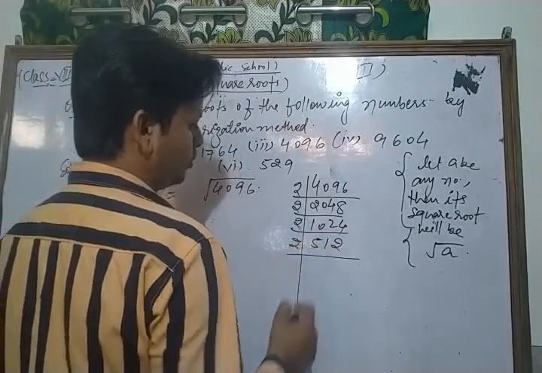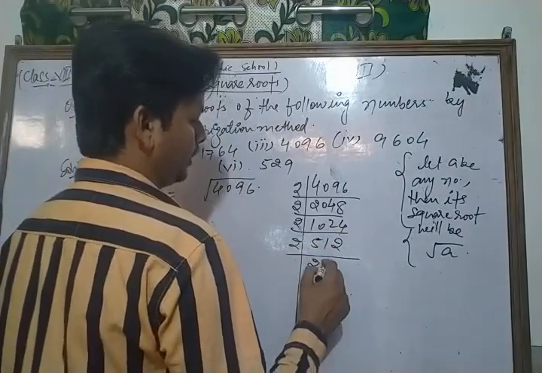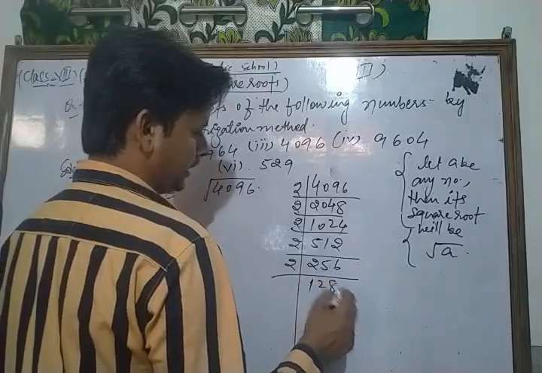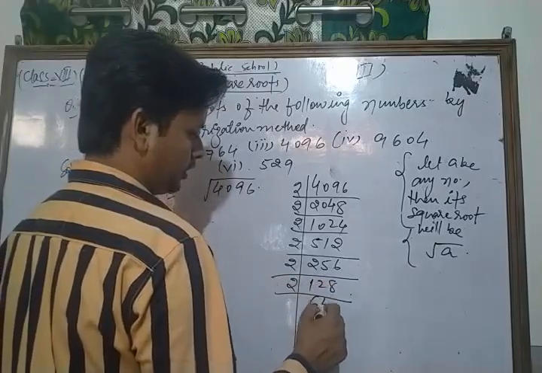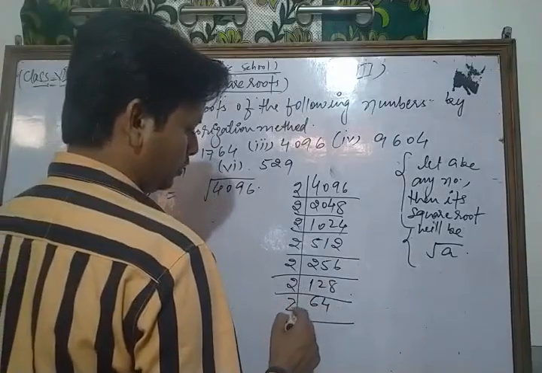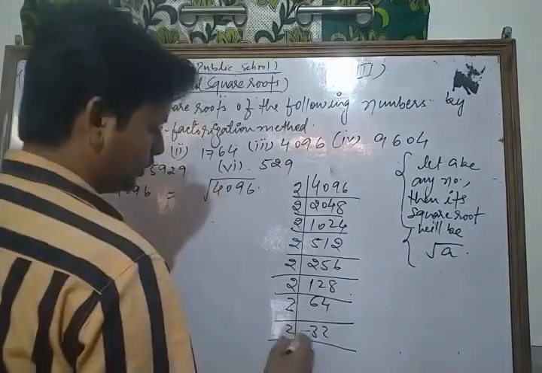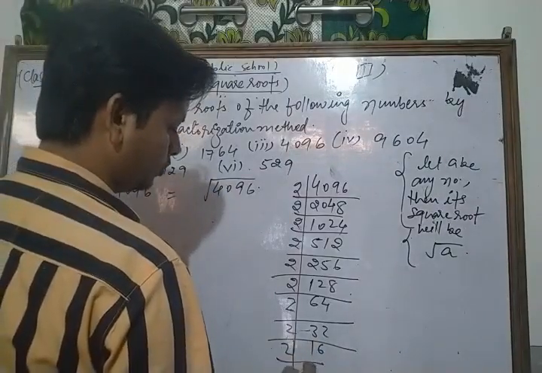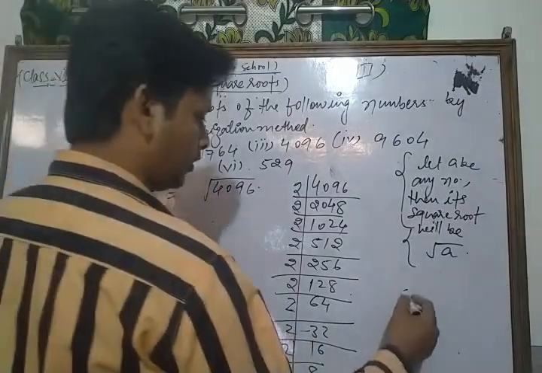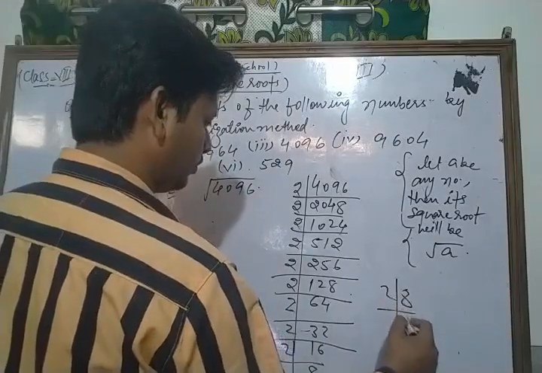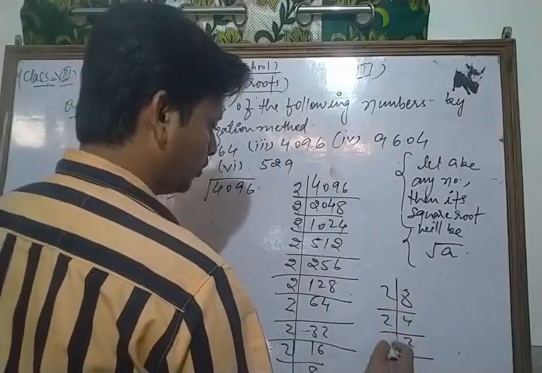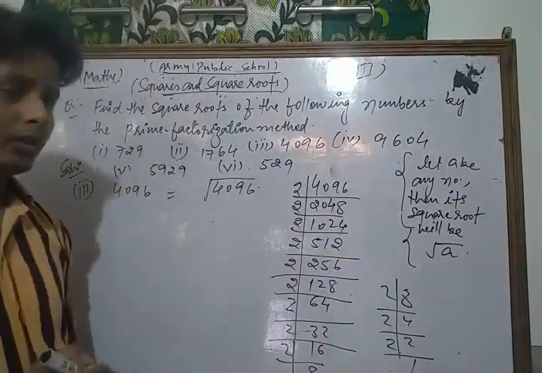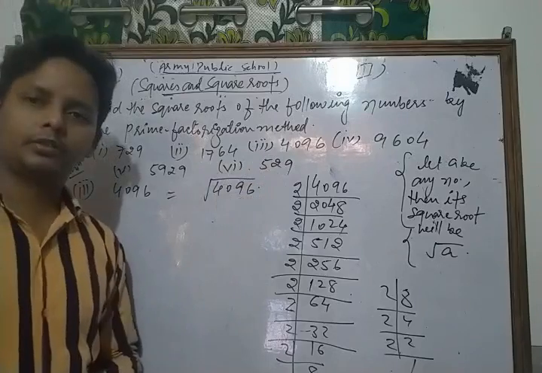Now again by 2, again by 2, again by 2, we get 32, then 16, then 8, 4, and 2 finally. So in this way, first of all we do the prime factorization.